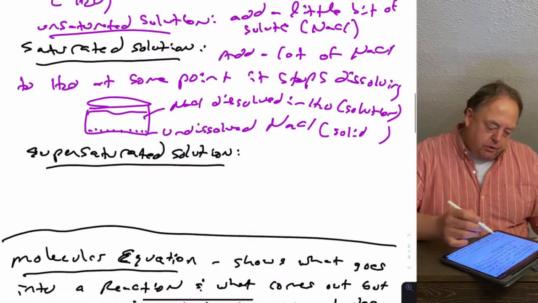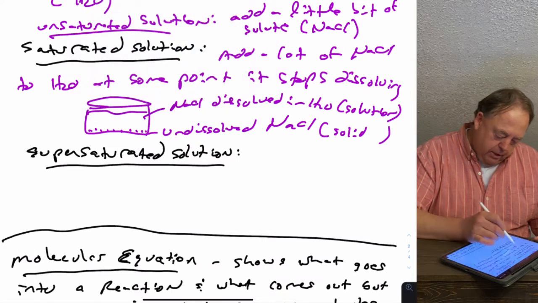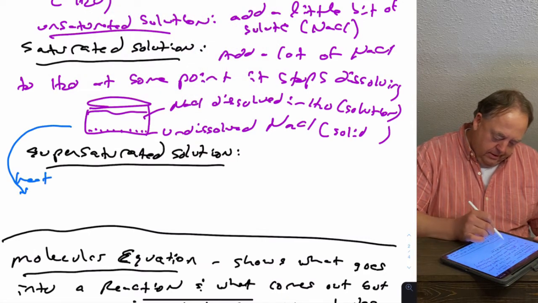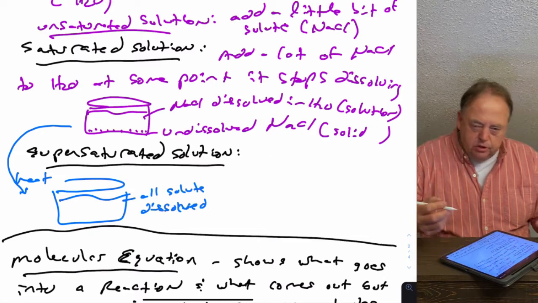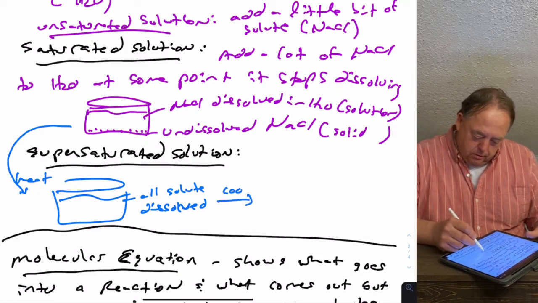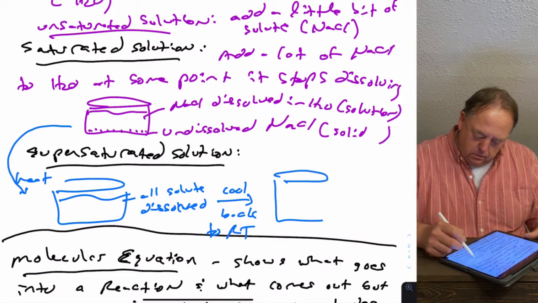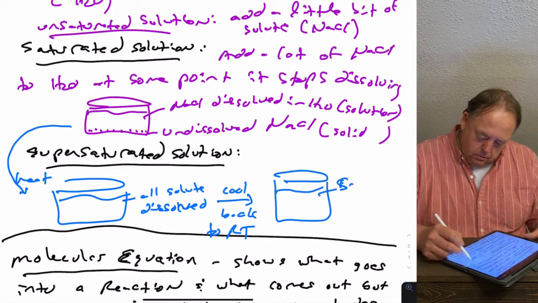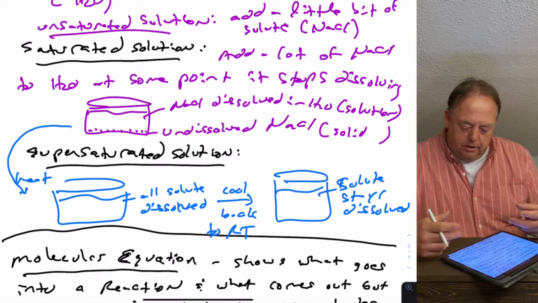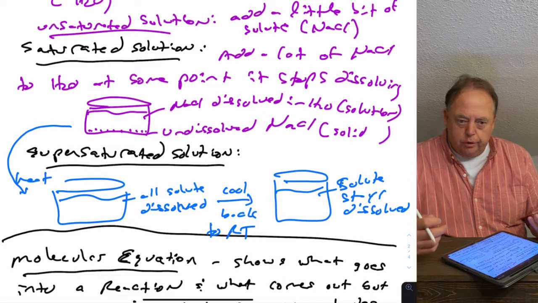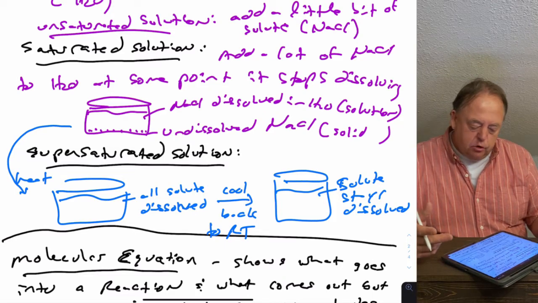So then you can make what's called a supersaturated solution. If you took this solution that was saturated and heat it, and it reaches the point where all of the solute is dissolved, and then you cool it back to room temperature, and if the solute stays dissolved, then now the solution is technically holding more solute than it should hold at that particular temperature, so you have a supersaturated solution.